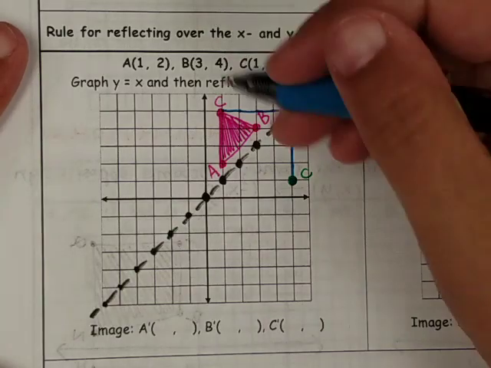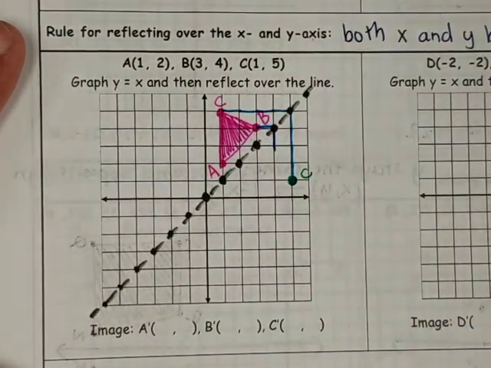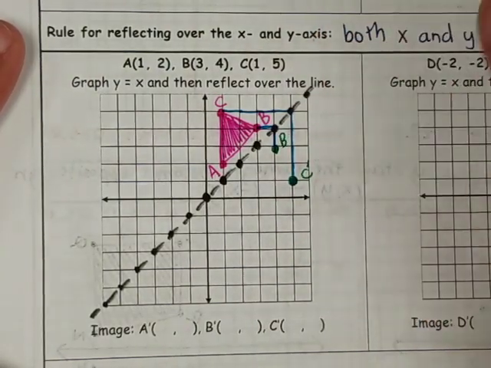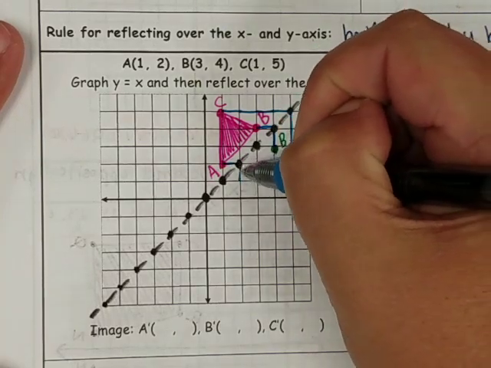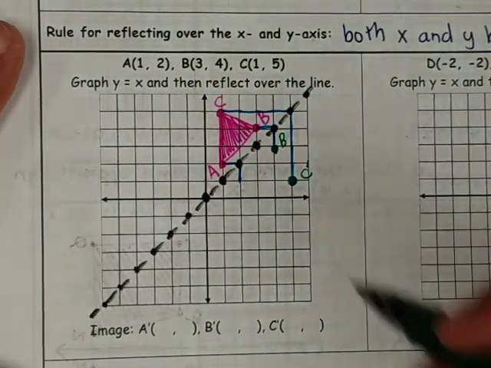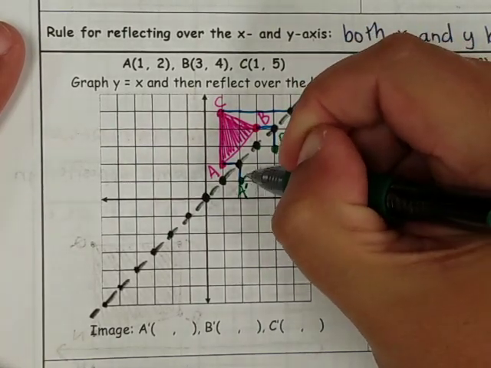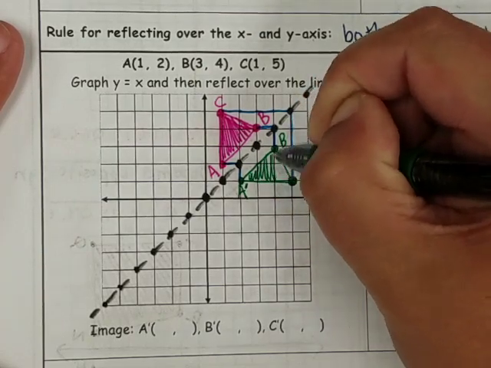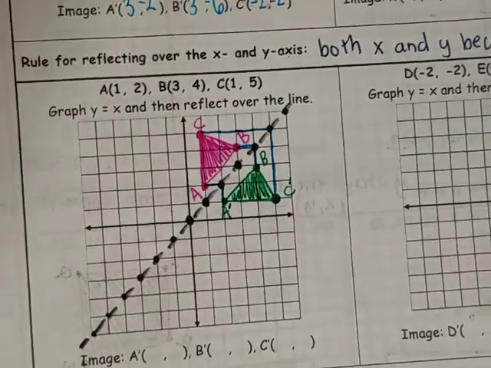B is 1 horizontal, so then it's 1 vertical for B prime. And then my A is 1 horizontal, so it's going to be 1 vertical for my A prime. And then I can connect my 3 points. And my green triangle is a reflection.